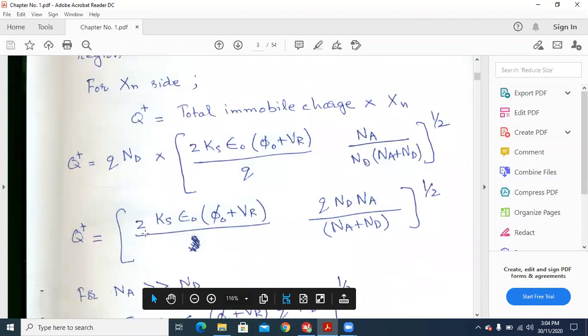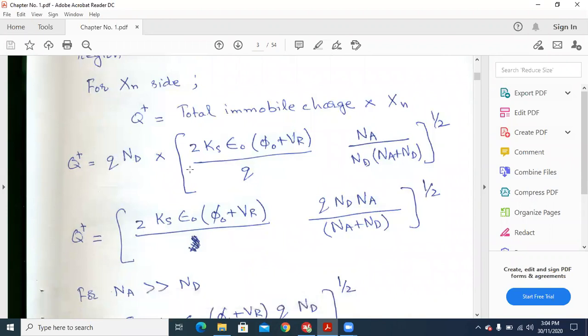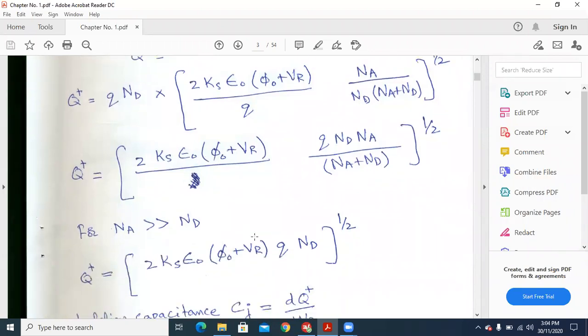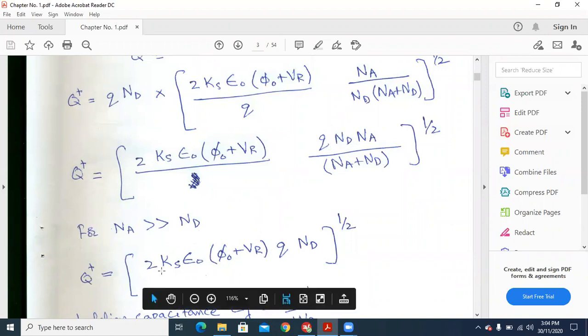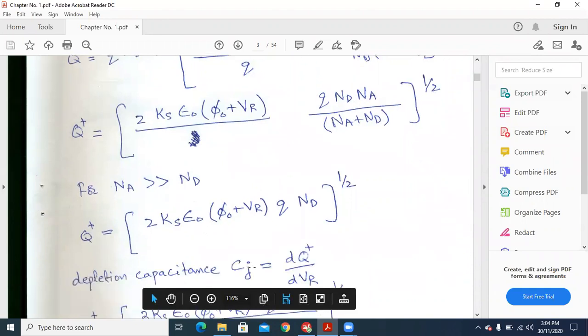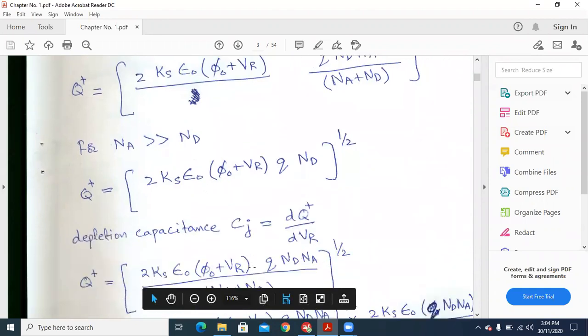You have the Q and Na terms cancel with the Q and Nd terms, and you will have this simplified relationship. For the approximate relationship for Na greater than Nd, these two terms will be cancelled, and you have only Q and Nd multiplied by this term, and you will have the value of Q positive.